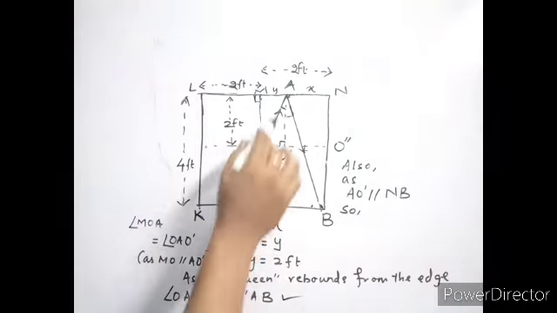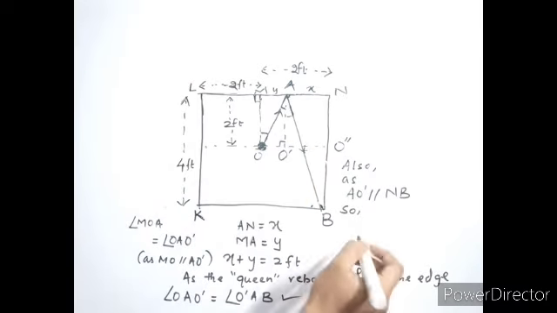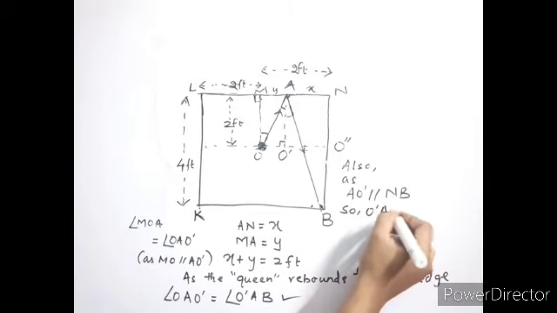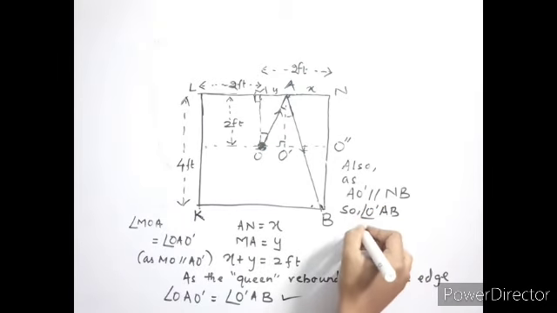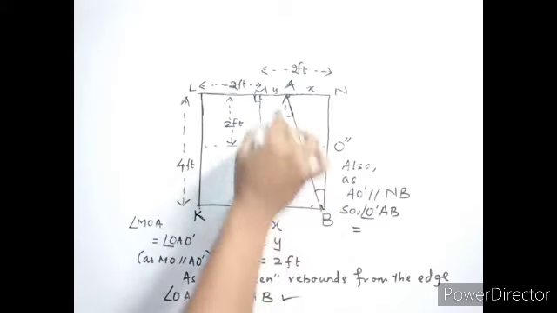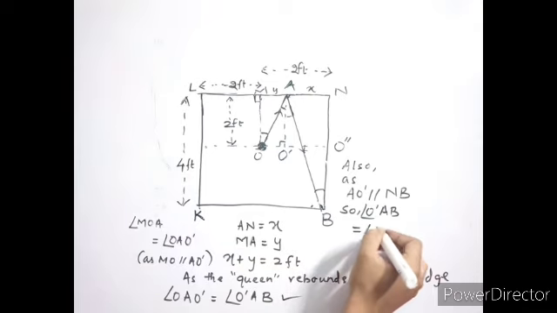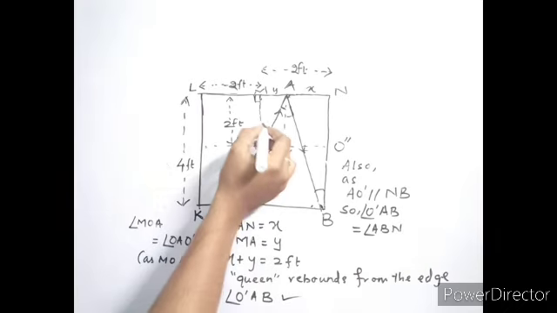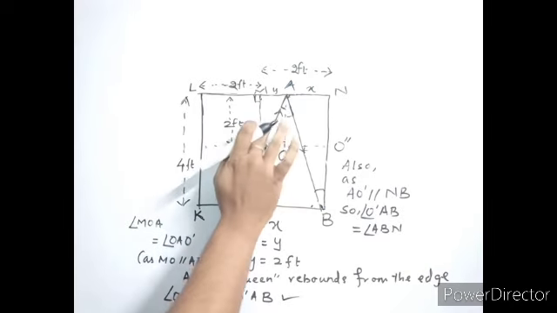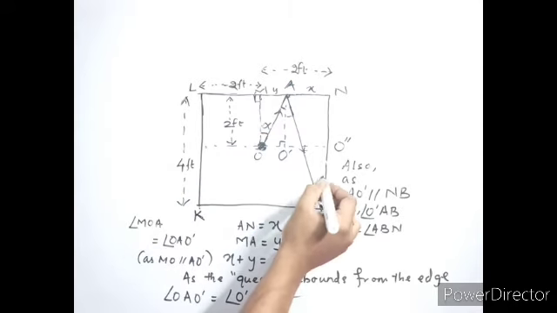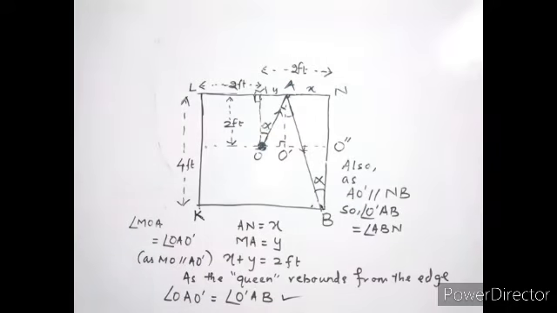So from that we can say, with the common line AB, the angle O prime AB will be equal to the angle ABN. So if we name that angle alpha, that we had taken previously, that is MOA, all the other angles that we have obtained till now are also equal to alpha.